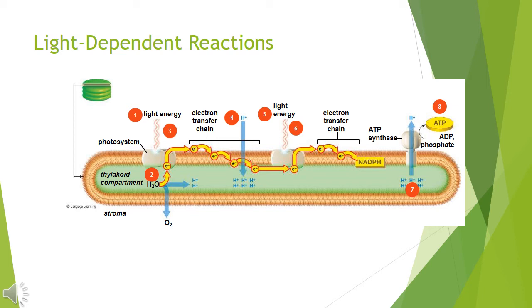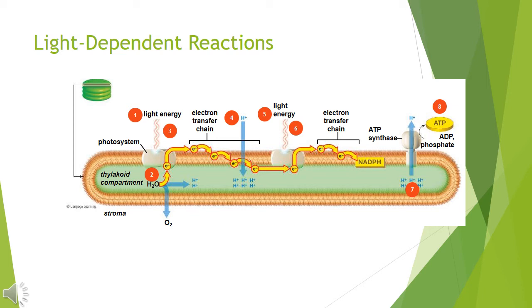Then the NADPH will also leave the compartment, and you'll see here that the ATP has lost a phosphate group, so now we're calling it ADP plus the phosphate, and they're going to move downward into the light-independent reactions.